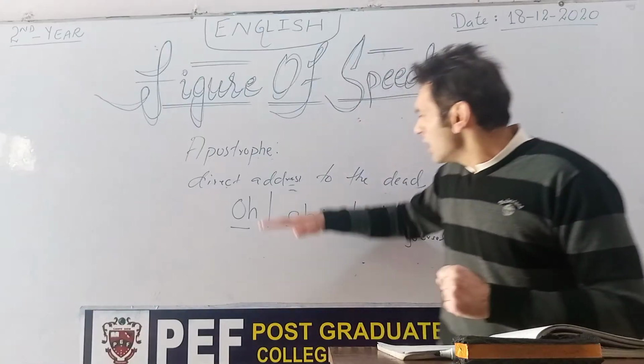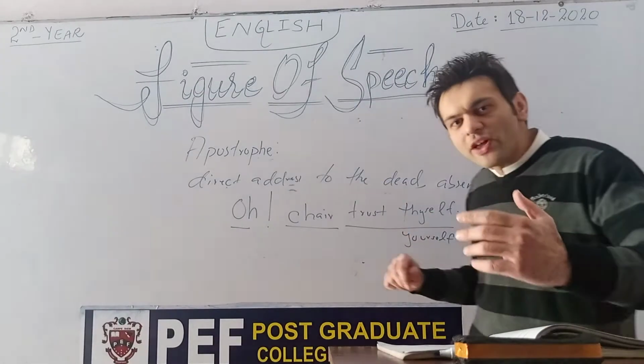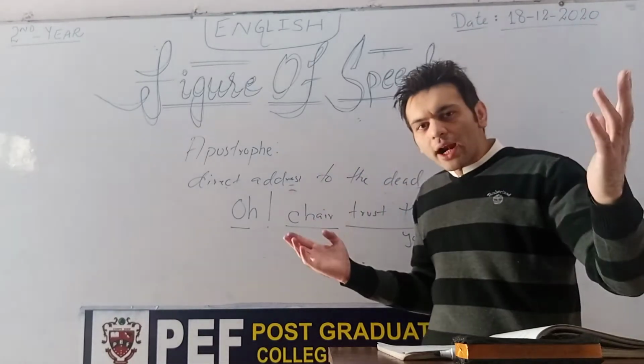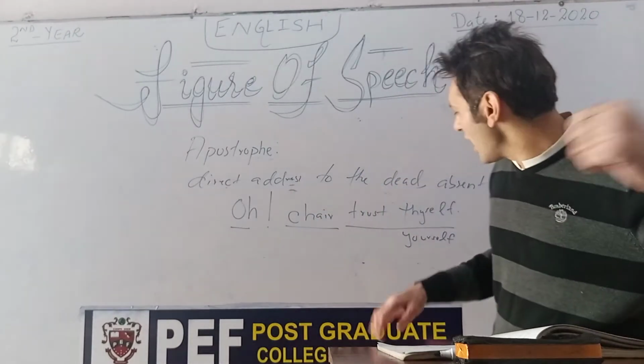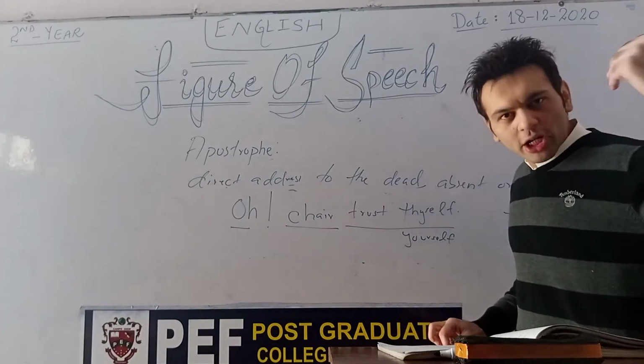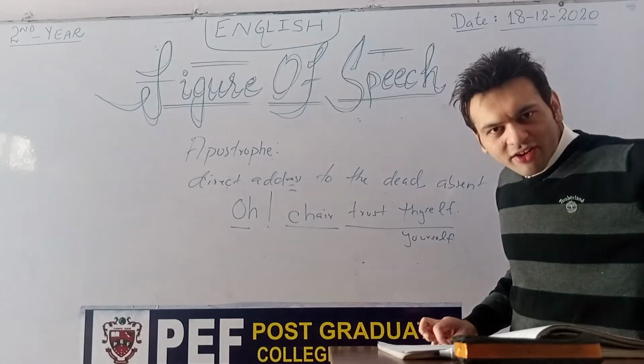Quaid-e-Azam is not present. He is dead long ago. Even then we are directly addressing him. So he is dead. Even then we are addressing him. That is apostrophe. वो शख्स जो मर चुका है उसको मैं डायरेक्टली एड्रेस कर रहा हूं.